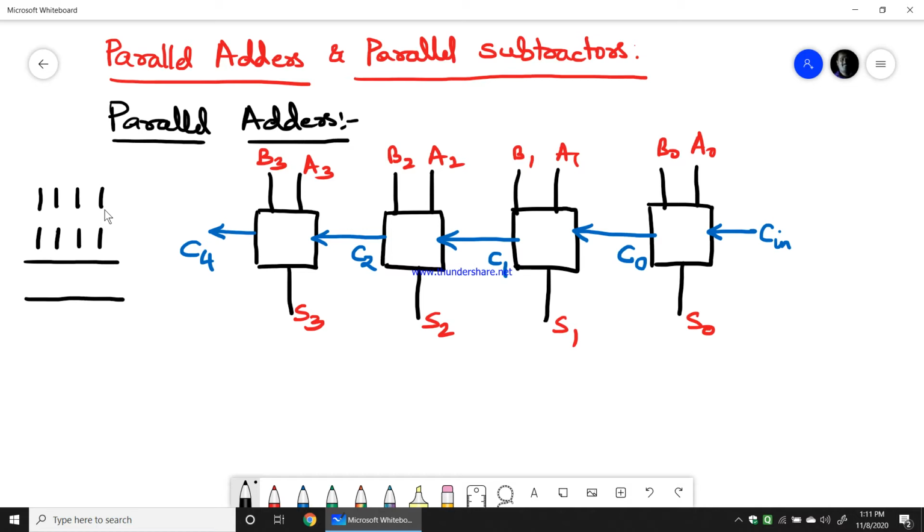We don't have any carry when we add the first 2 bits. Therefore when I add 1 plus 1, I'll get 0 and this will generate a carry 1. It means that the first addition is always an addition of only 2 bits without carry. Therefore that will behave as a half adder, where HA is half adder and FA is full adder.